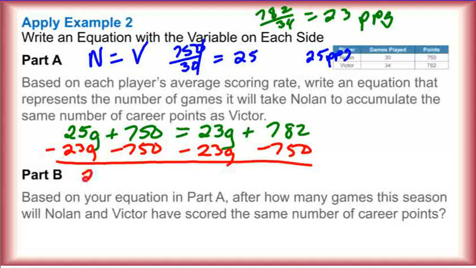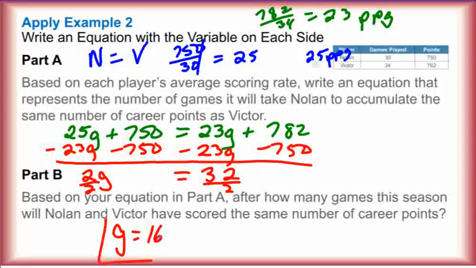And that gives us 2G equaling 782 minus 750, which will give us 32. To get G by itself, I divide by 2. The number of games where they will score the same number of points in the end would be 16 games.